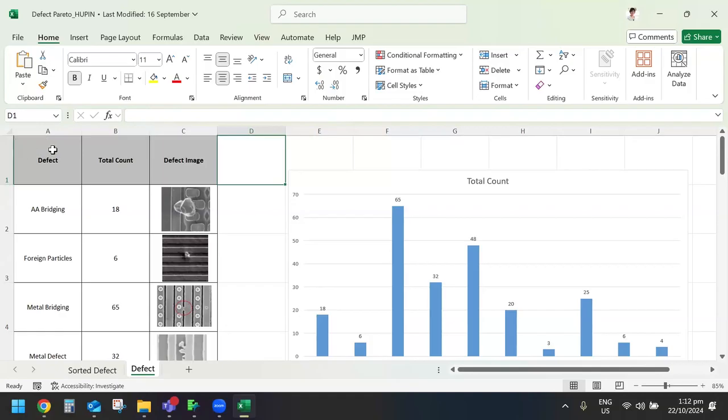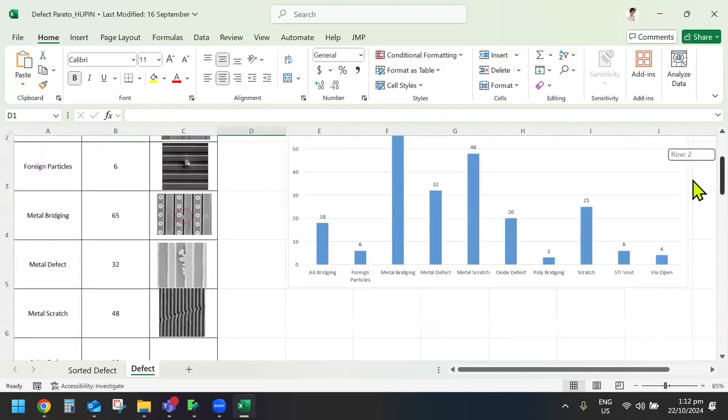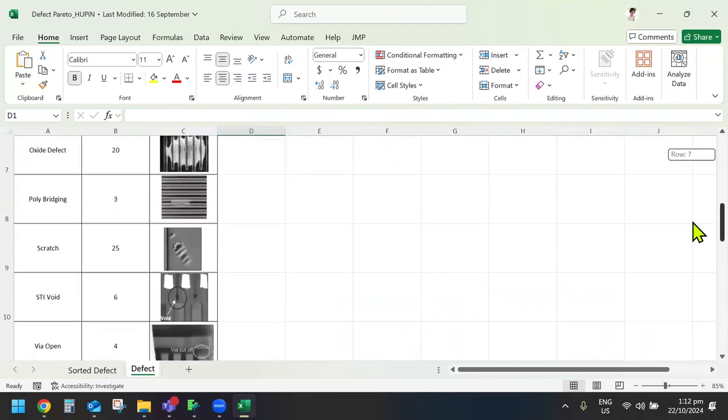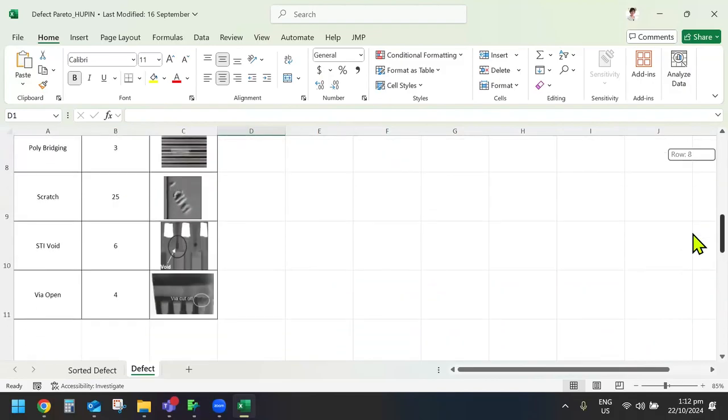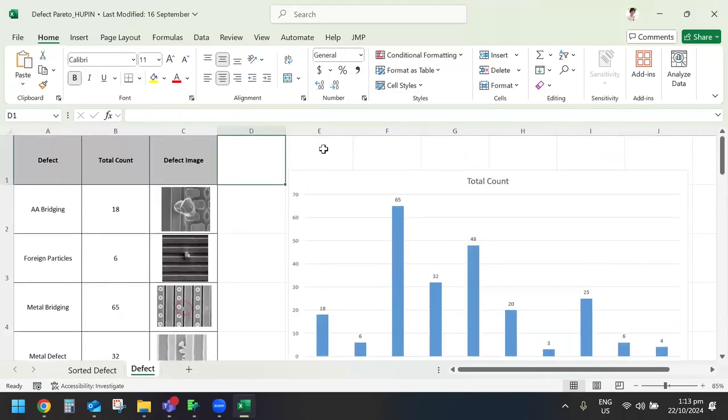We summarize all types of defects, the total count, and also the defect image data in a nice Excel table that I put here. Don't worry if you are not coming from semicon. You can think about any type of defect that you are dealing with, or any type of hazard, let's say from an ESH point of view. It can be any of these things. Don't worry.